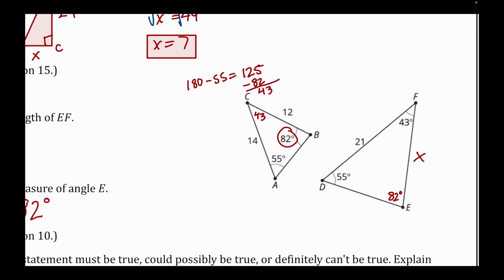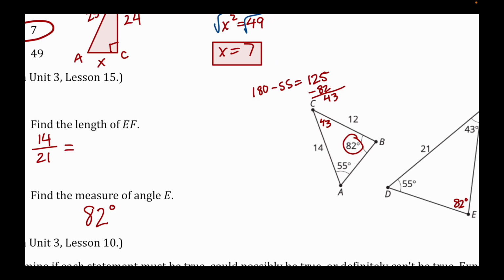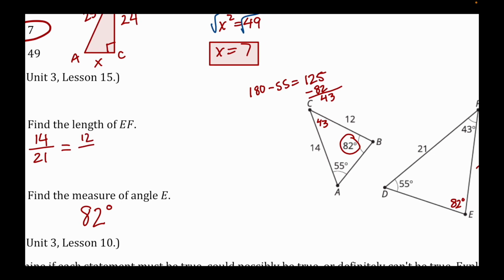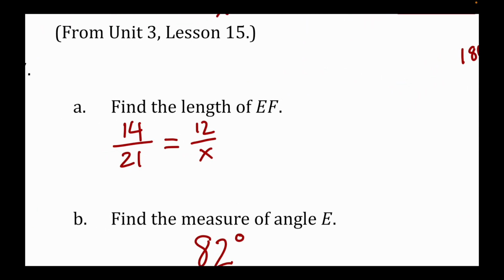So we are going to say 14 over 21 is the same as if we took 12 and then put that over X, right? Yeah, 12 over X. Make sure I use the same variable there. So you can try to reduce the one on the left first if you prefer, or you can just multiply it out and use a calculator. Either is valid.